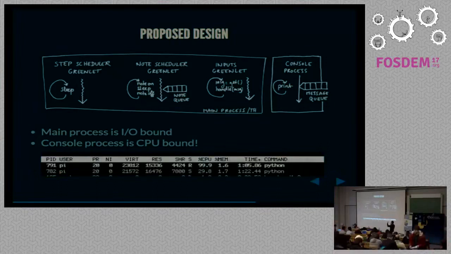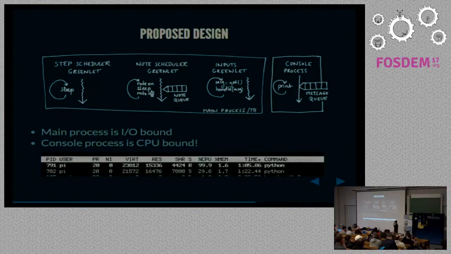I have a step scheduler and a note scheduler, which schedules a note on and a note off according to the note duration. I also have input greenlets to wait for messages. This main process at the left is really I/O bound, but what was strange was I had to make the printouts on a separate process because this was CPU bound.